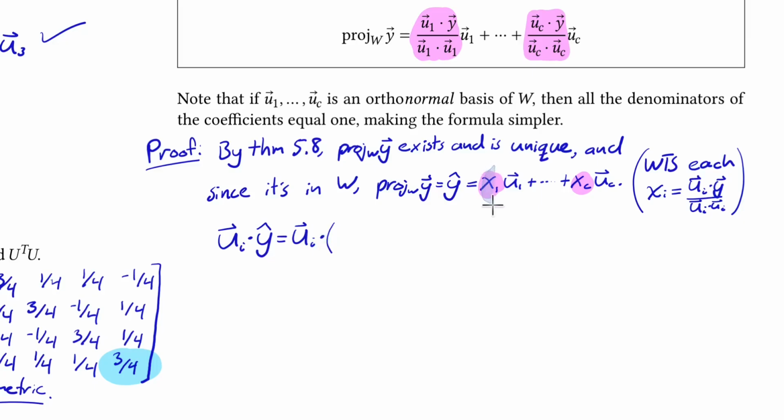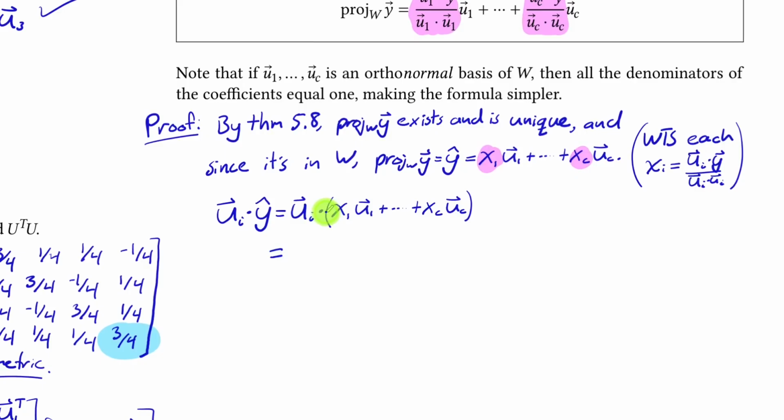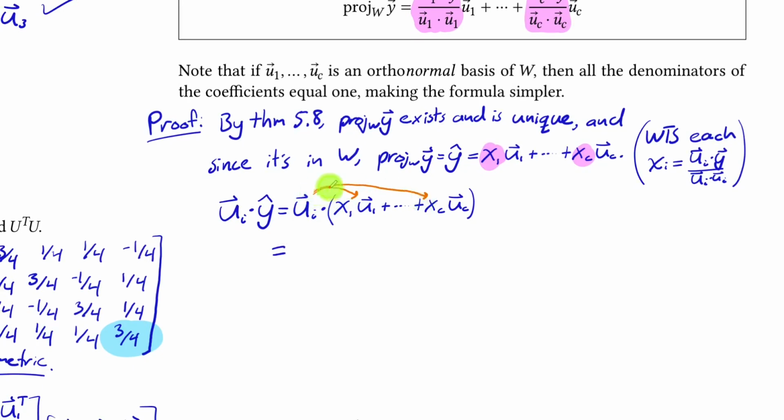But we know we can write y hat as this linear combination. And then we have a distributive rule for dot products, so we can distribute that in. Now, most of these are going to be 0. Like if i is not equal to 1, then ui is orthogonal to u1, so their dot product will be 0.